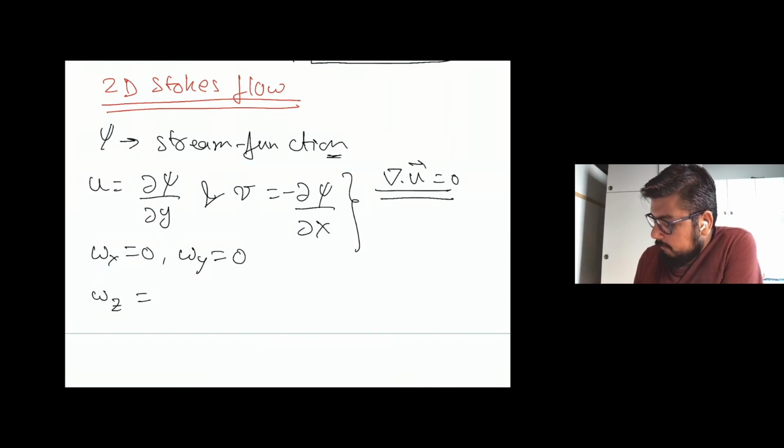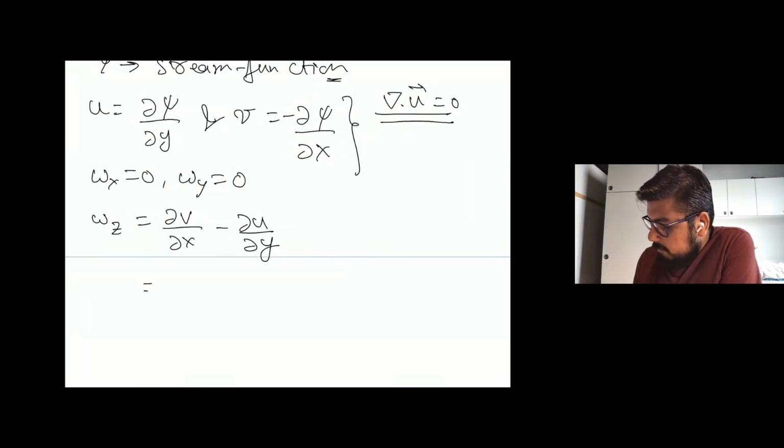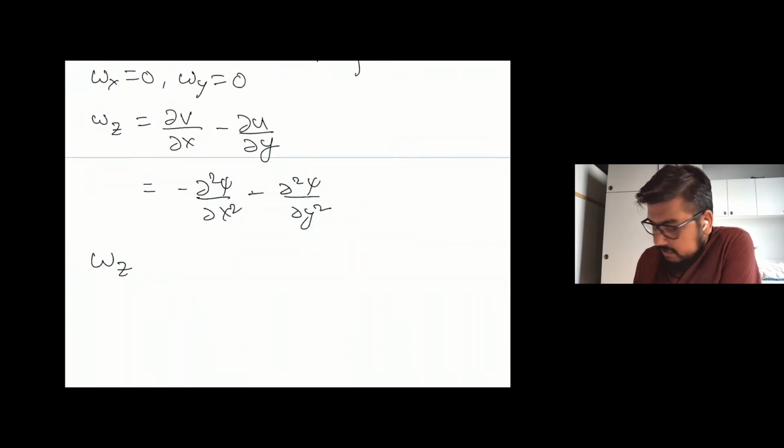Whereas the z component of the vorticity is defined as following. And if we plug in the definitions of u and v, what we end up getting is that the z component of the vorticity is nothing but negative of Laplace of psi.